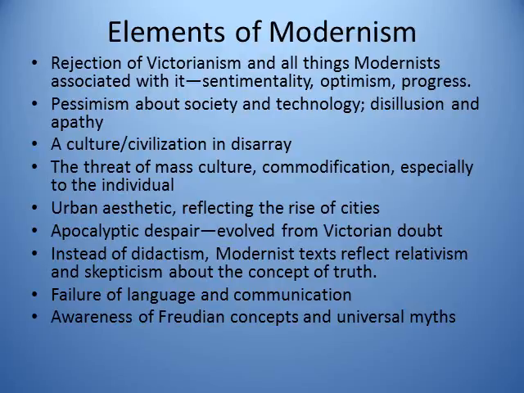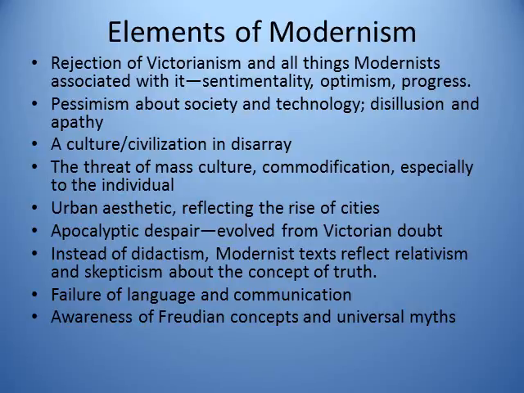Where the Victorians had a conflict between doubt and faith, that conflict is over for modernists, and the result is despair. It's not that they're not sure God exists, it's that they're sure everything is horrible. We can see this kind of apocalyptic despair.